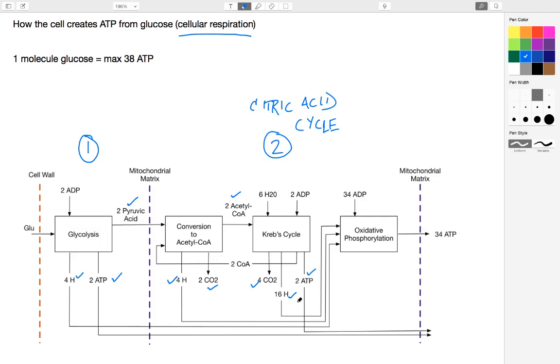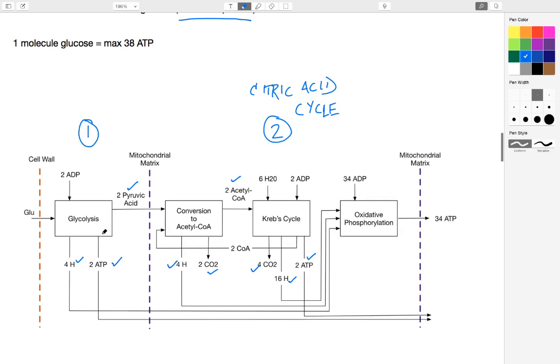So if you're keeping track of this, you'll notice that so far I've generated 2 ATPs here and 2 ATPs here. So I've got 4 ATPs just from glycolysis and from the Krebs cycle. So the vast majority of my ATP molecules come from this third series of reactions known as oxidative phosphorylation.